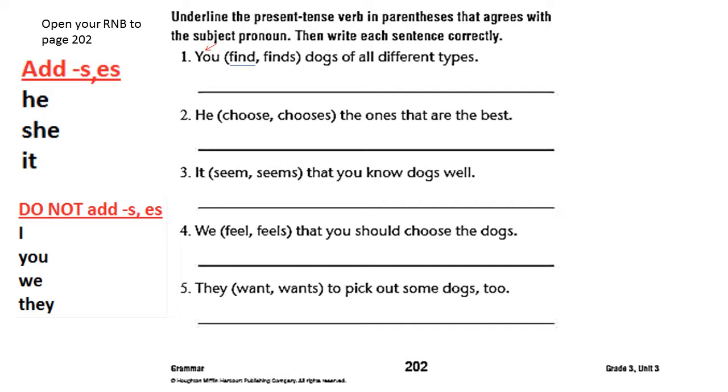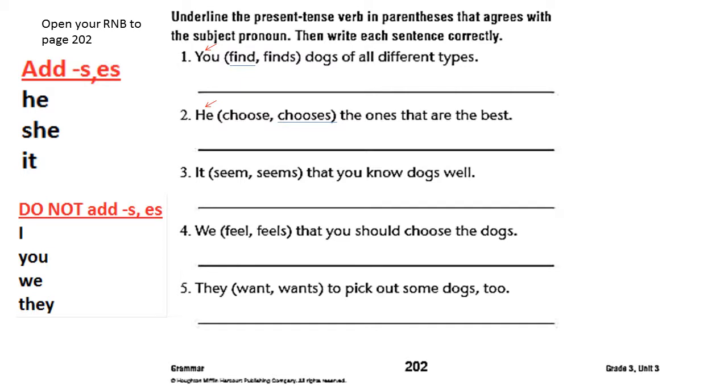Number 2. He choose or chooses the ones that are the best. First things first, let's recognize what the subject pronoun is, and there is he. That's the subject pronoun here. He, and I know that I should add s or es. So he chooses the ones that are the best.